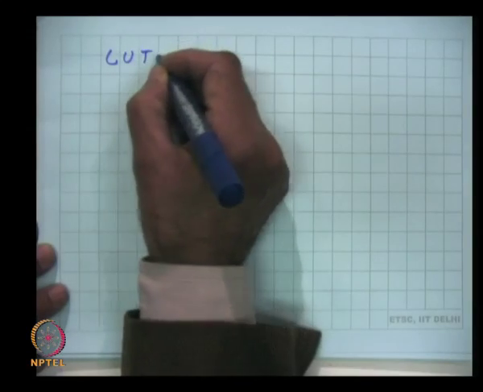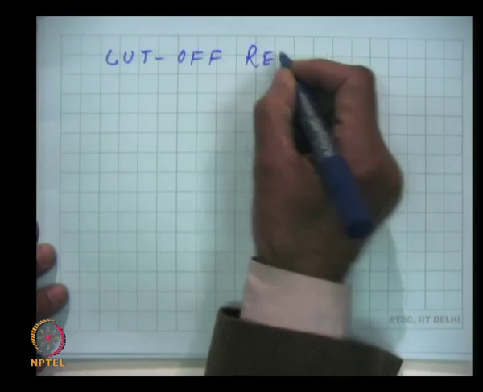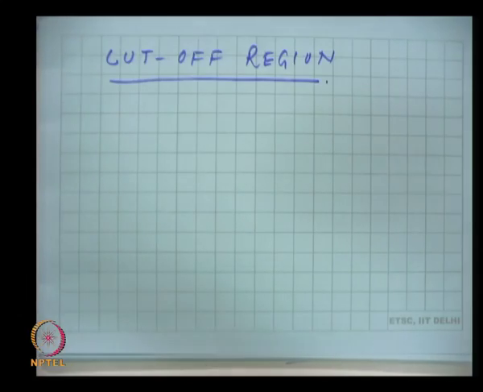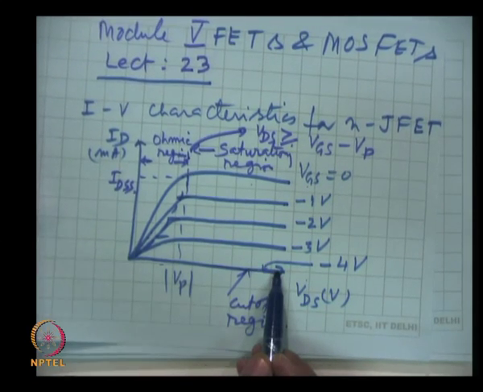Now, the cutoff region. Cutoff region is this region where the drain current is 0.